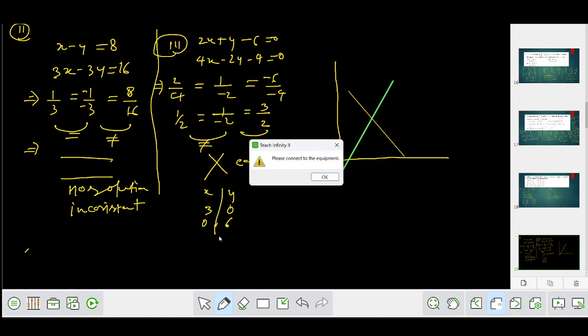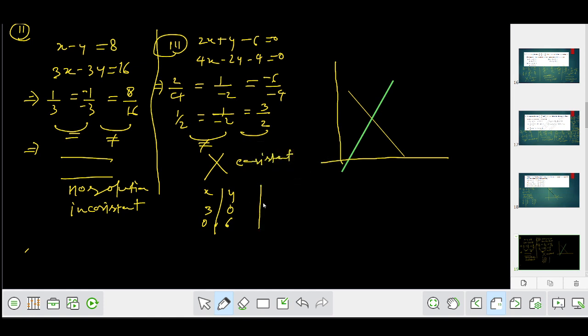Now in the other equation, x comma y, what will be the value?